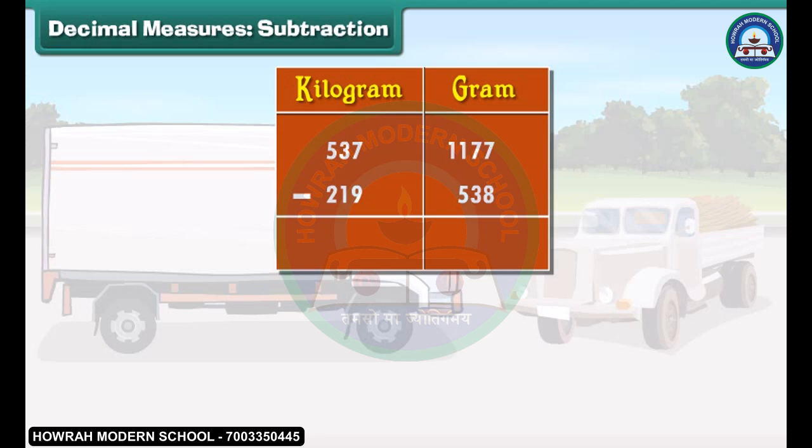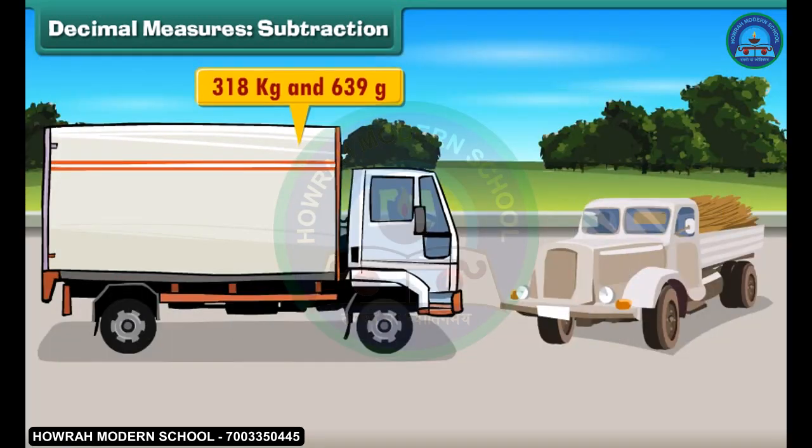Subtracting 538 grams from 1177 grams, while subtracting 219 kilograms from 537 kilograms, 318 kilograms is obtained. Thus, 318 kilograms and 639 extra grams load is there in the first truck.